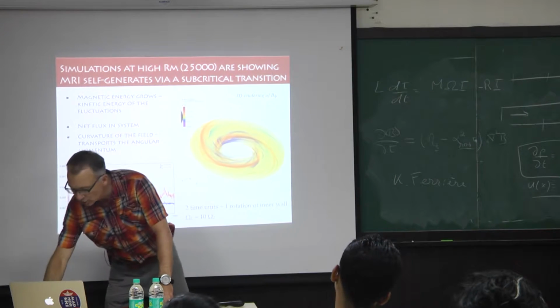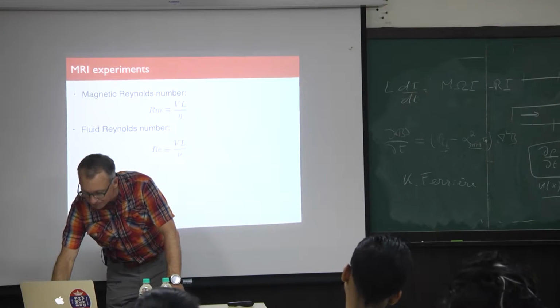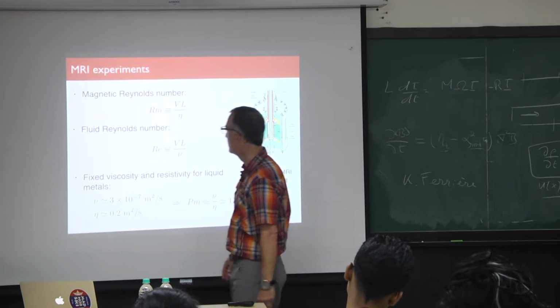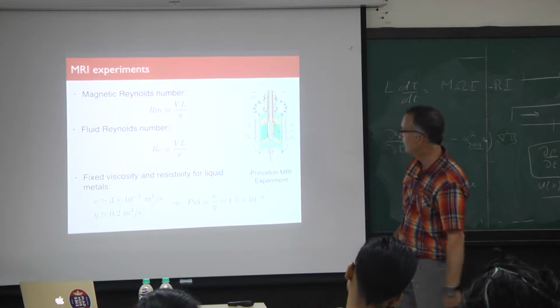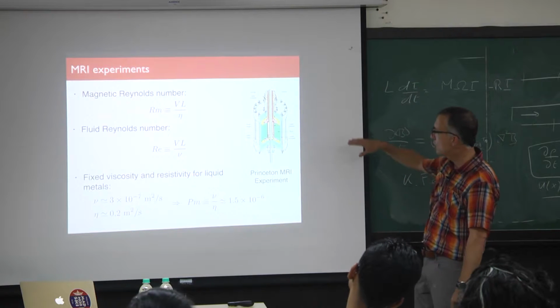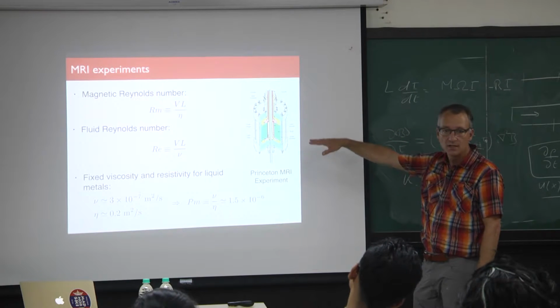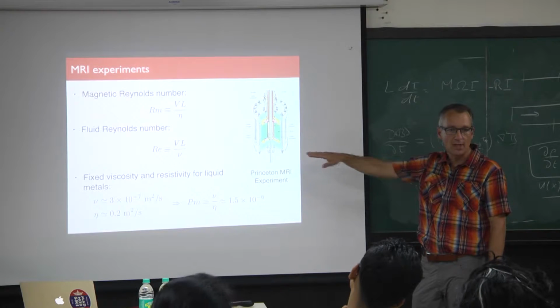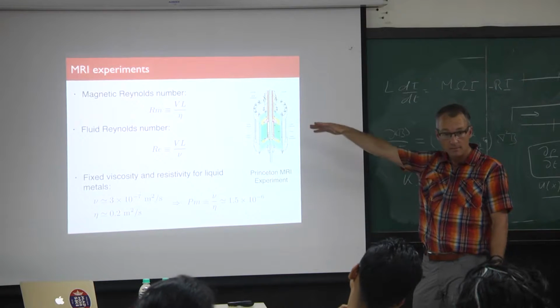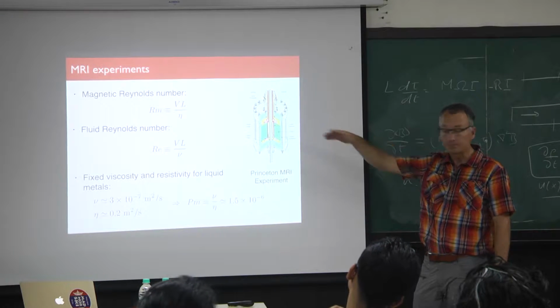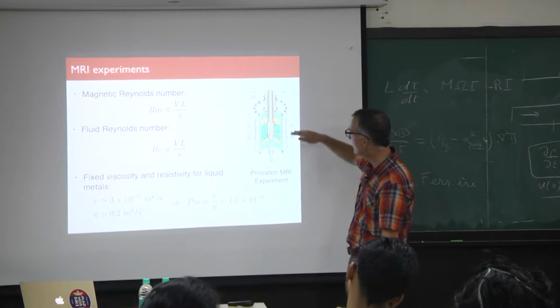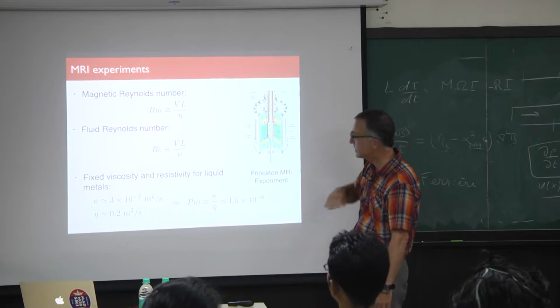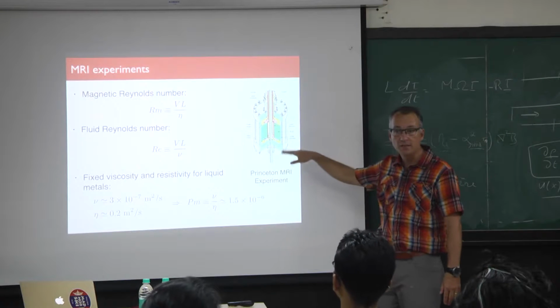So accretion disks are ripe for study, and we can study these using Couette flow. Okay, and so Couette flow, there are a class of experiments studying the magneto-rotational instability as a step to dynamo studies. And an example of that is a liquid metal experiment. This one is being done at Princeton.